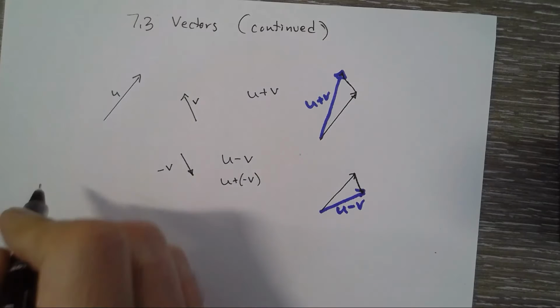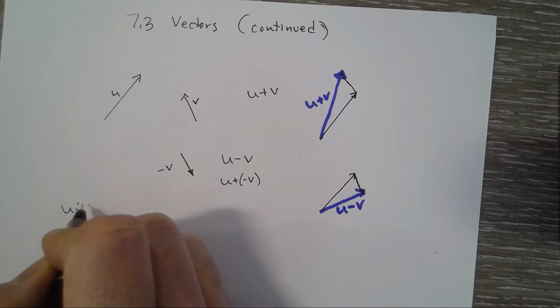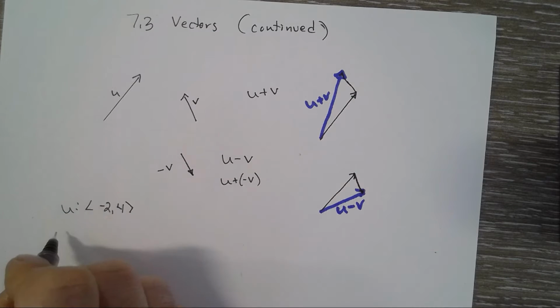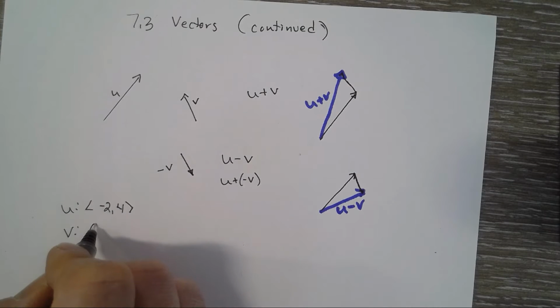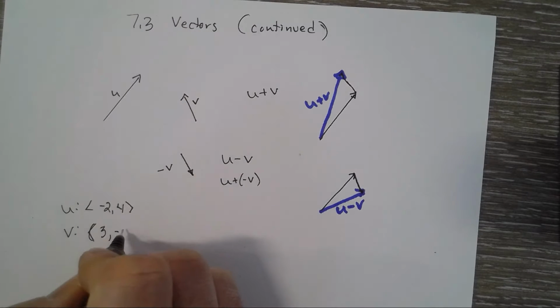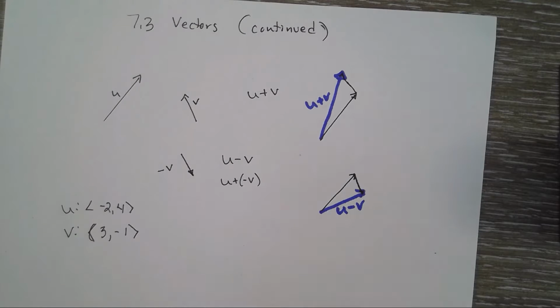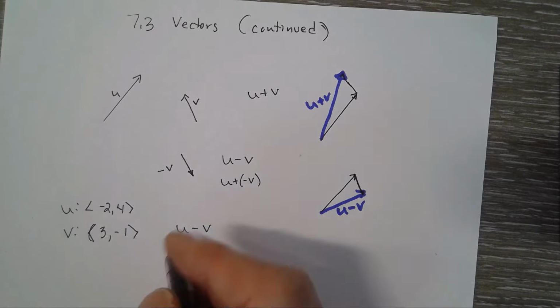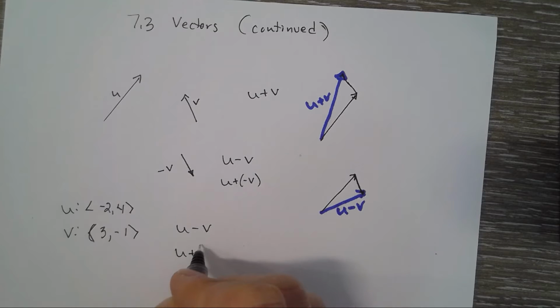So let's say if u was negative 2, 4, and v was 3, negative 1, and if I wanted to do u minus v, that'd be the same as u plus negative v.